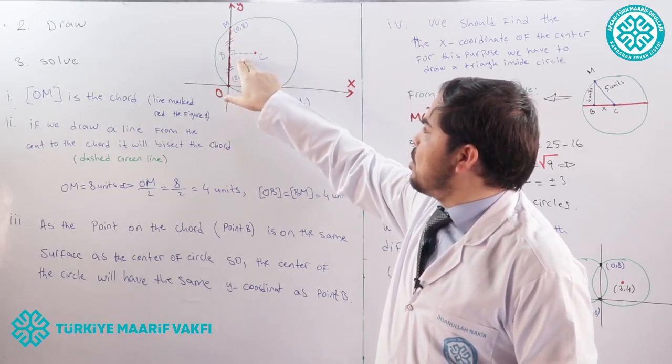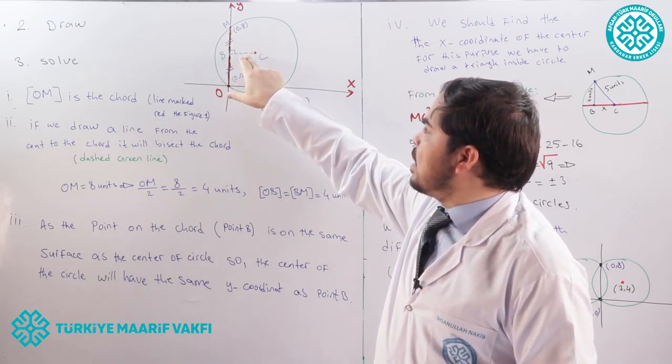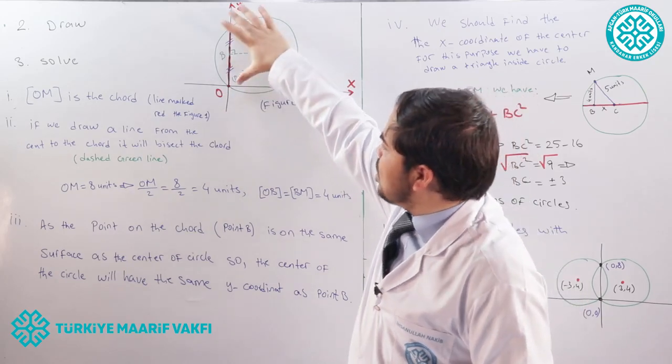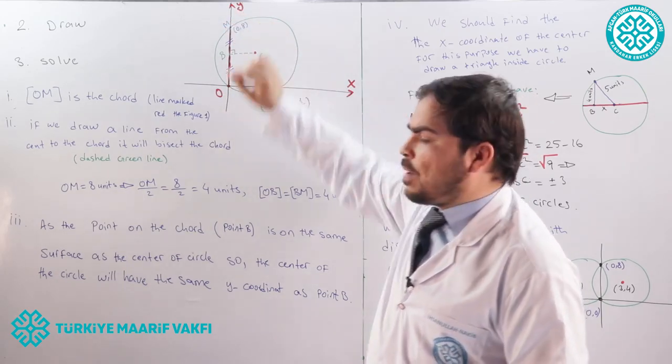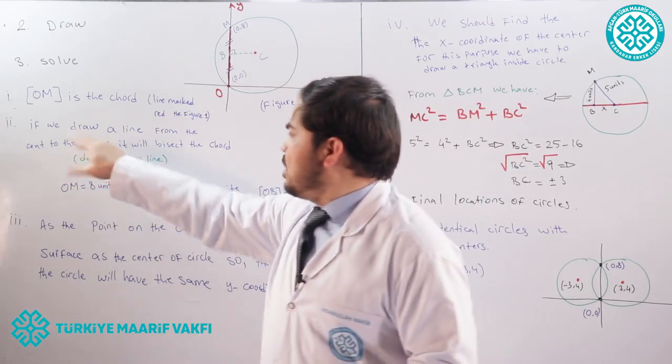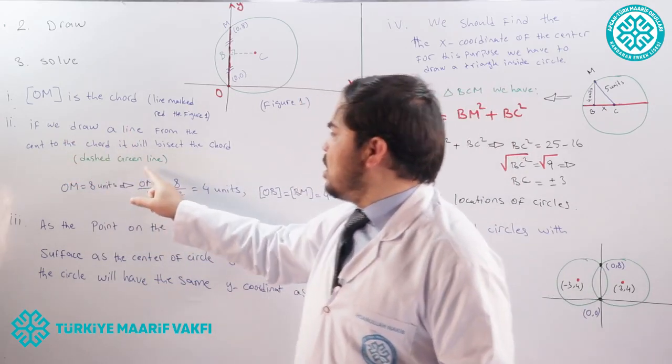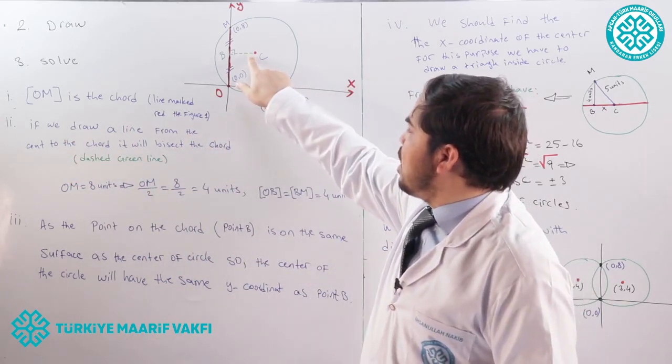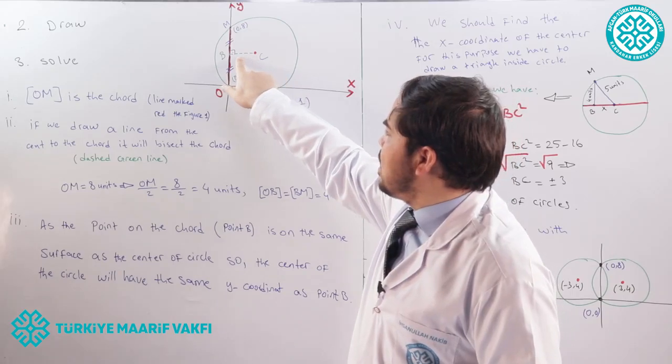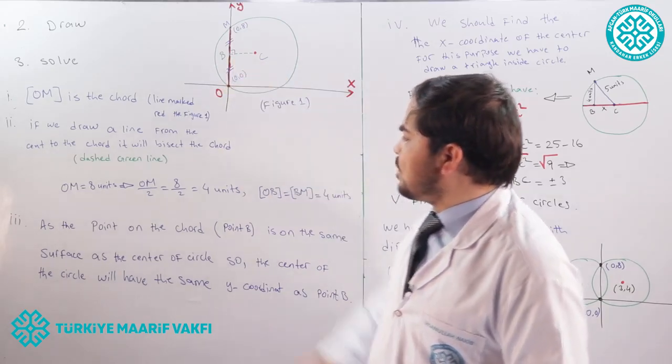This green dashed line will divide the chord OM into 2 equal parts. I have drawn it in dashed green color here.